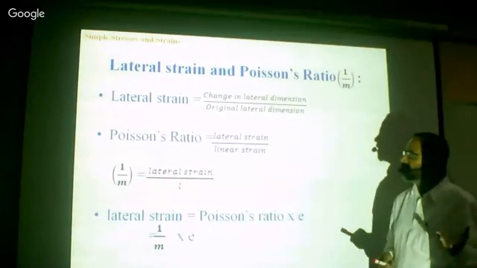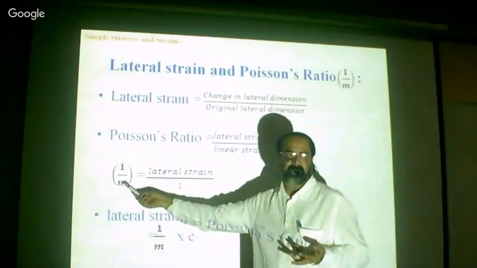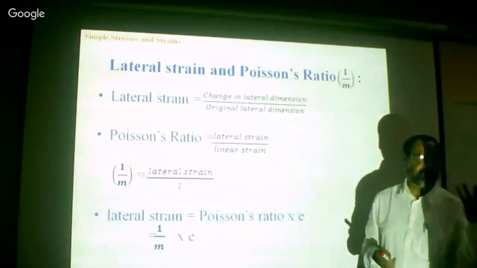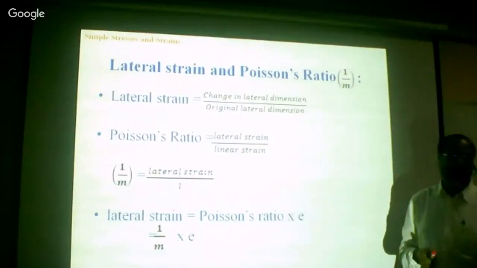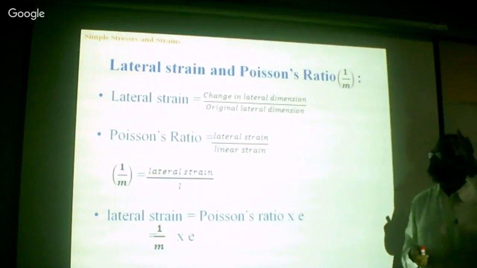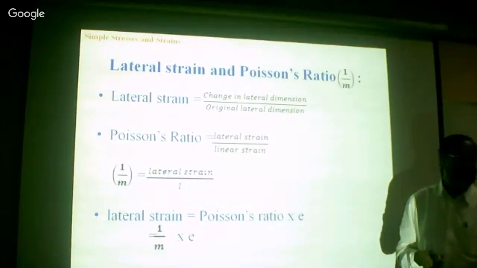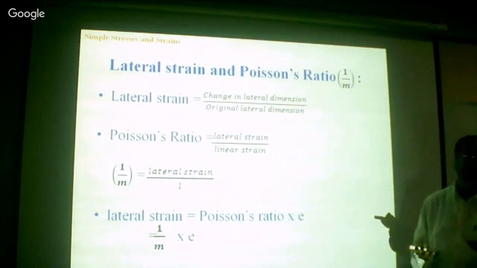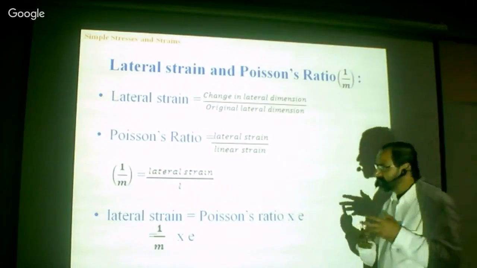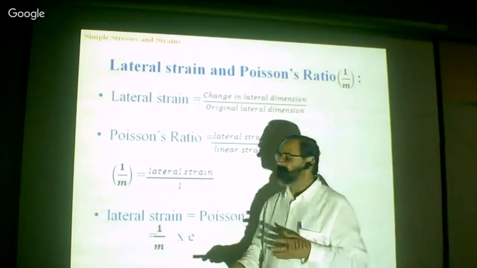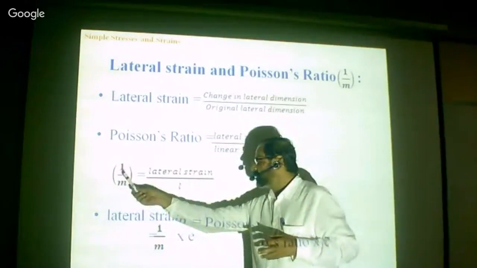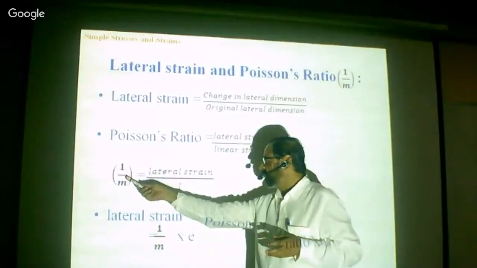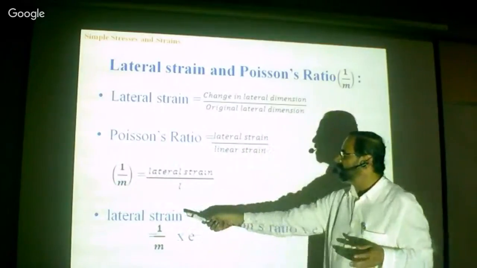Poisson's ratio is a material constant. For a given material we cannot change it; it is a constant value, 1 by m, and it differs from material to material.